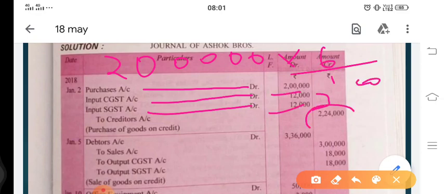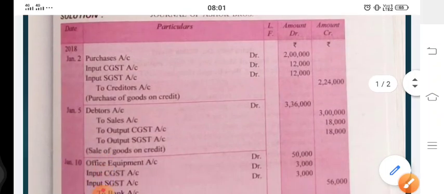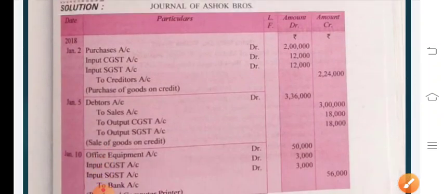The amount to be paid to the creditor is 2 lakh for goods, 12,000 for CGST and 12,000 for SGST. That means entirely we have to pay him 2,24,000, and that's why the creditor got credited with 2,24,000.